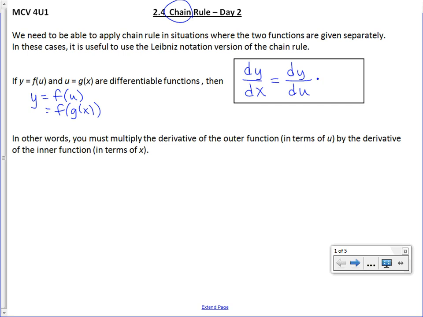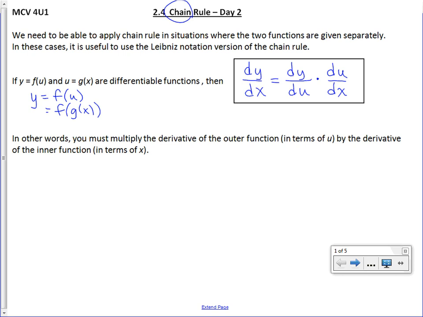Then I'm going to multiply, that's the derivative of the outside function, and then times the derivative of the inside function, du by dx. Can you see how the u is the link in the chain there between y and x?